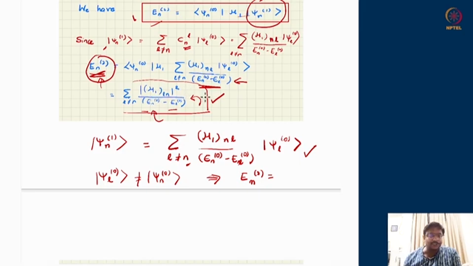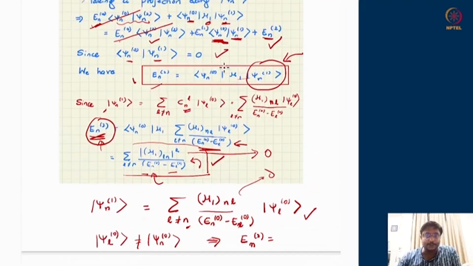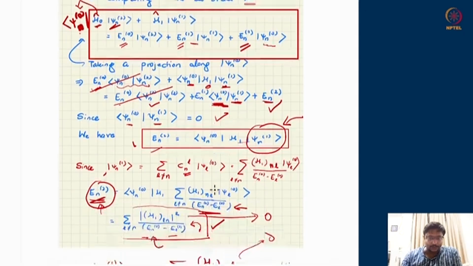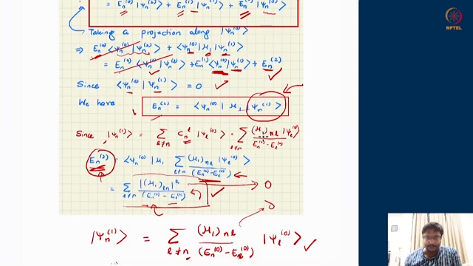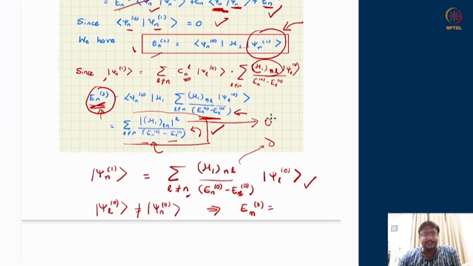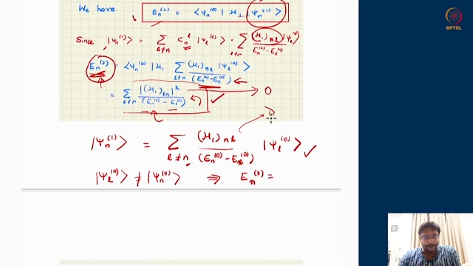But suppose the numerator also goes to zero. In that case I have no issue. Psi NL, which we wrote down somewhere, has H1 NL in it. If that goes to zero, then it is 0 by 0, which is not necessarily infinity. It can be a small number or finite, and therefore things could be under control.